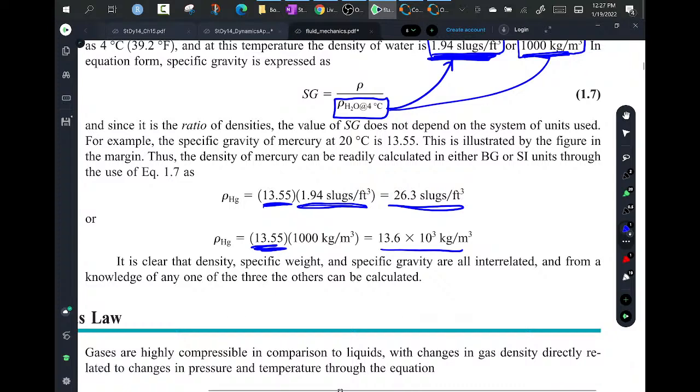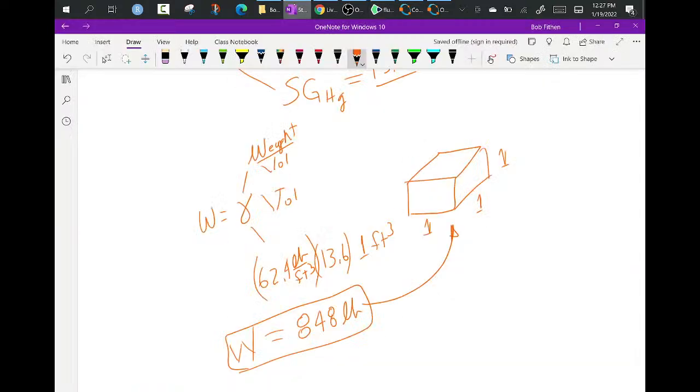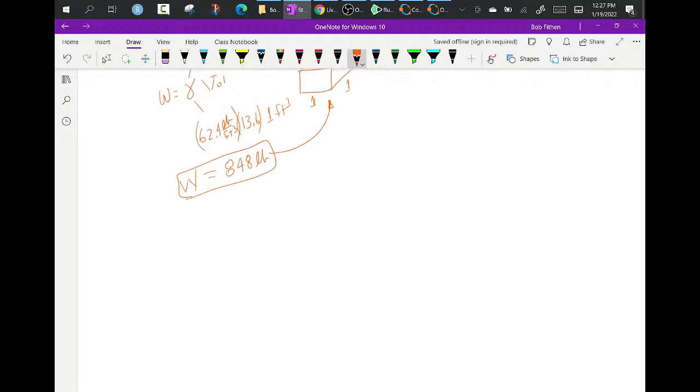Okay, so here's the deal. The gamma of some object is equal to the gamma of water times the specific gravity of the object.